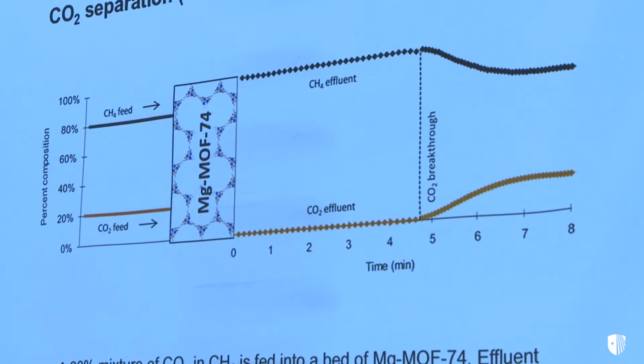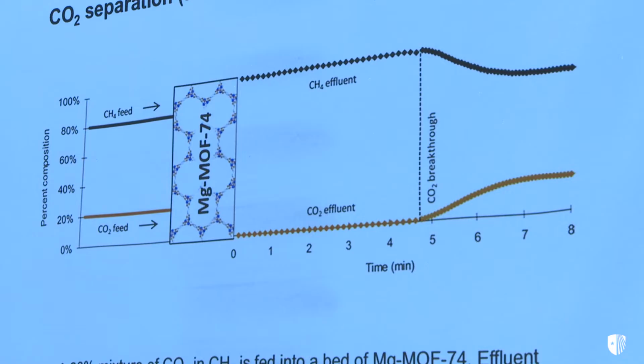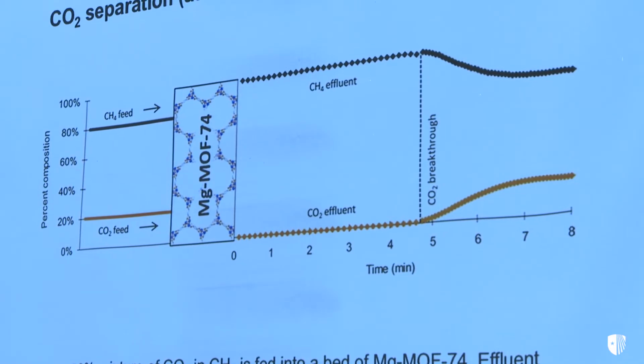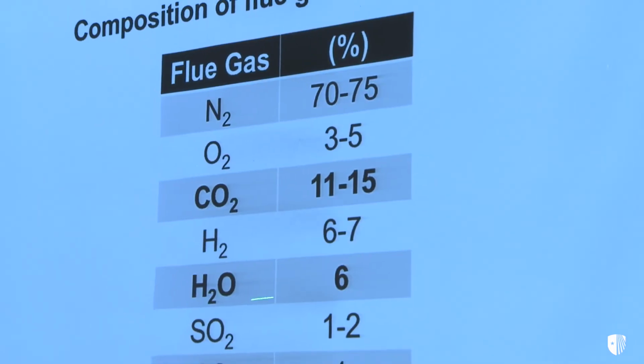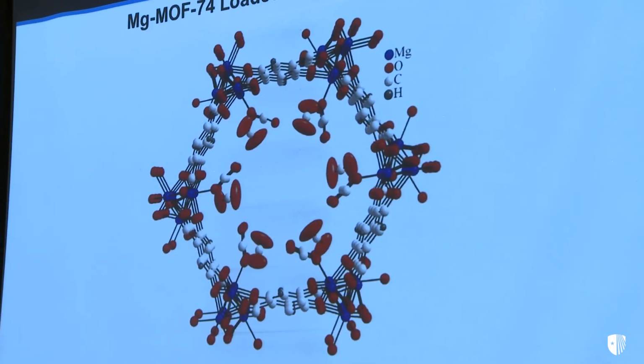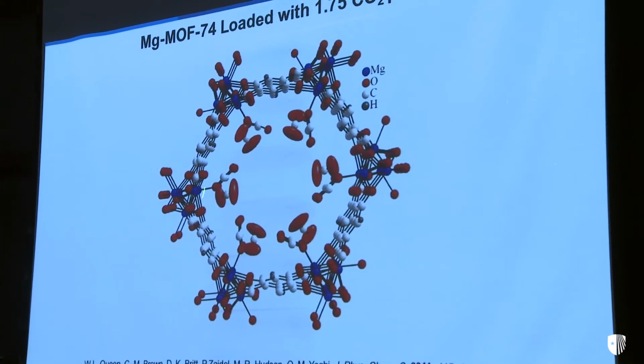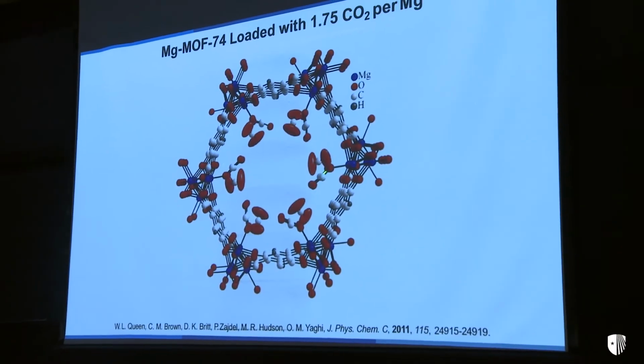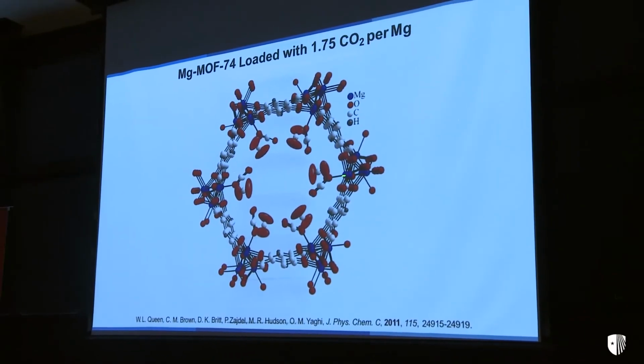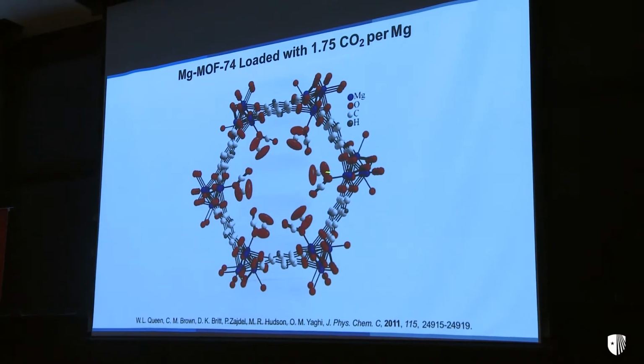Unbelievable. The problem is that when you're trying to separate carbon dioxide from combustion gas, you have water around. And when you have water, it competes for the adsorptive sites where CO2 sits and kicks the CO2 out. And so the material becomes very inefficient in the presence of water. So to address that, here's the CO2 in the pore. We know from crystallography that CO2 binds to the open metal site in this magnesium structure, and other CO2 molecules are very weakly interacting with that.